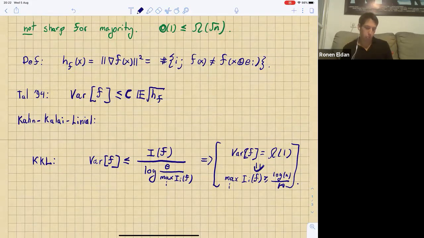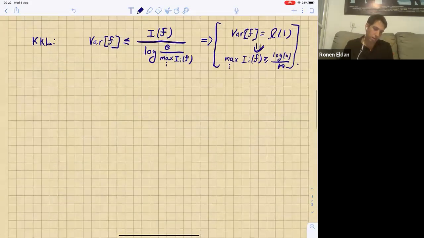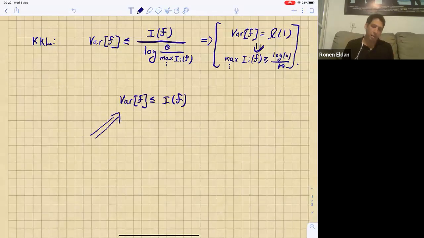Good, so what we saw so far, just to put this on a diagram, we saw that there is this Poincare inequality, which is obviously implied by the KKL inequality. It's not very hard to see that this is a strengthening.